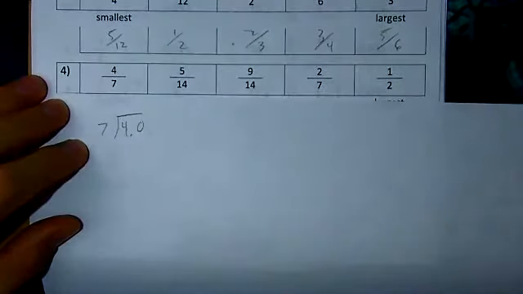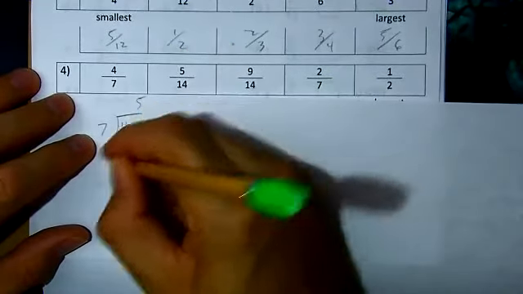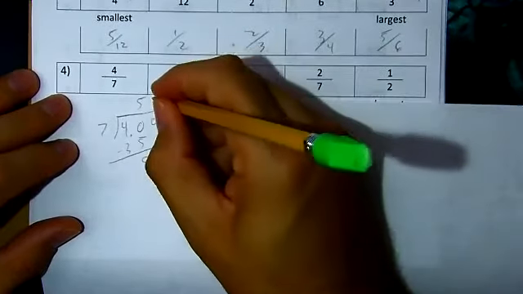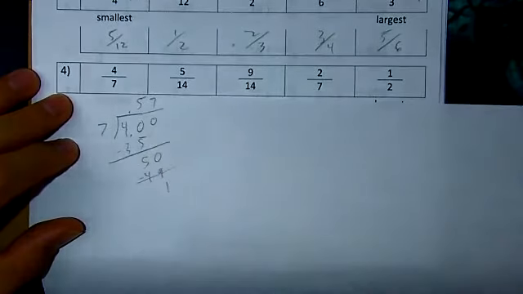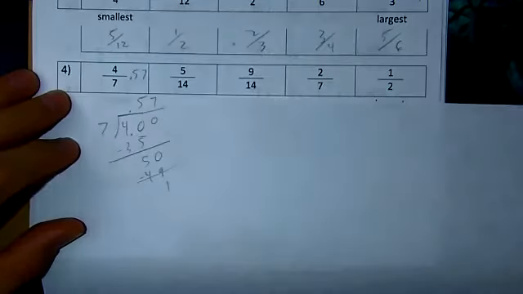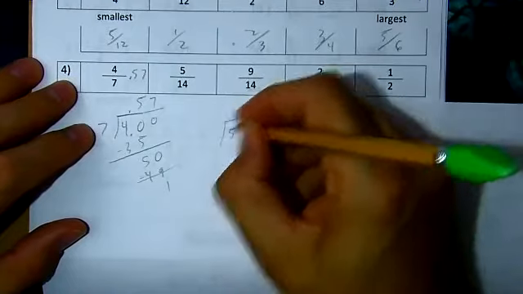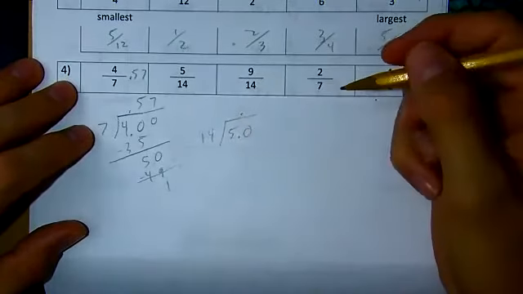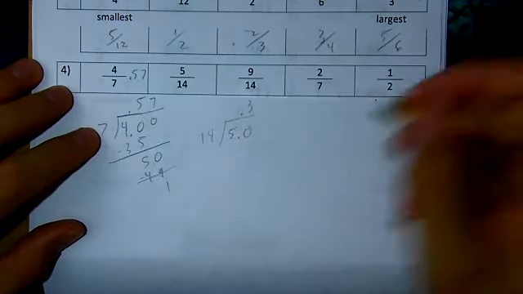So 5 and 7. Oops, forgot my decimal. 5/14. We'll go ahead and do that. 3, which would be 42, I think.